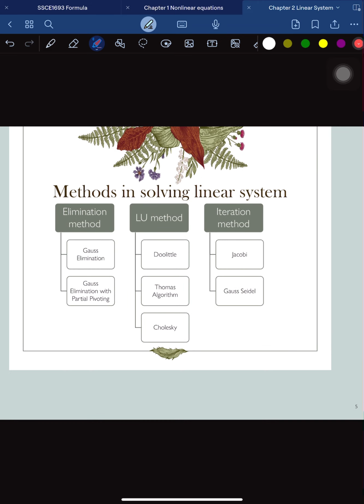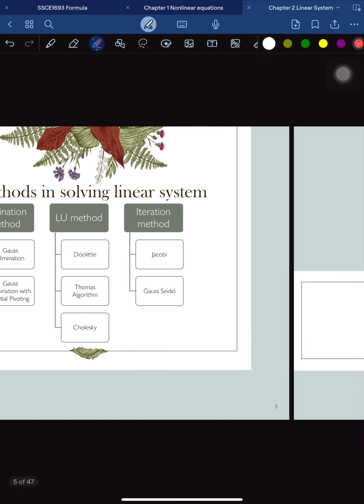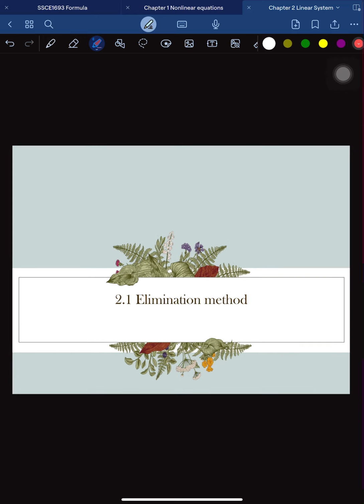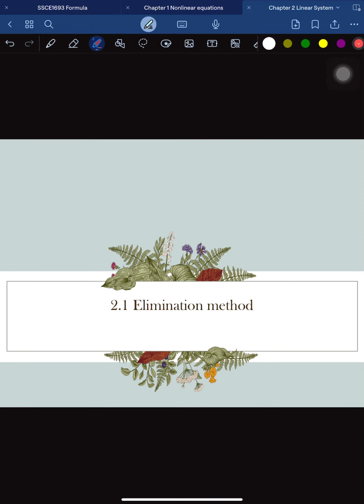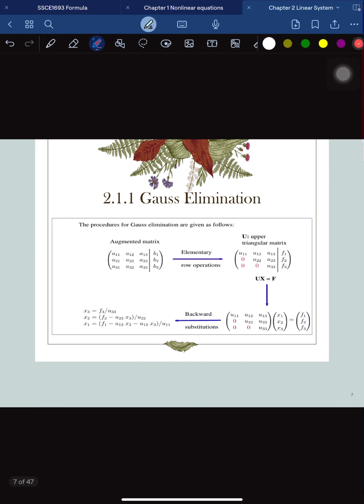So these are the methods we can use to solve the linear system: the elimination method, the LU method, and the iteration method. The elimination method consists of two methods, Gauss elimination and Gauss elimination with pivoting.